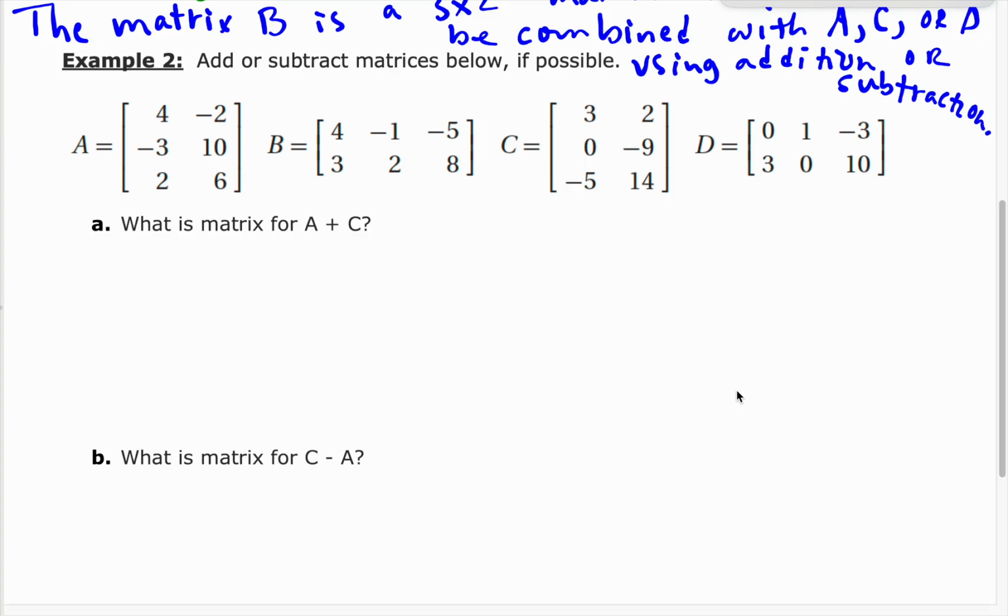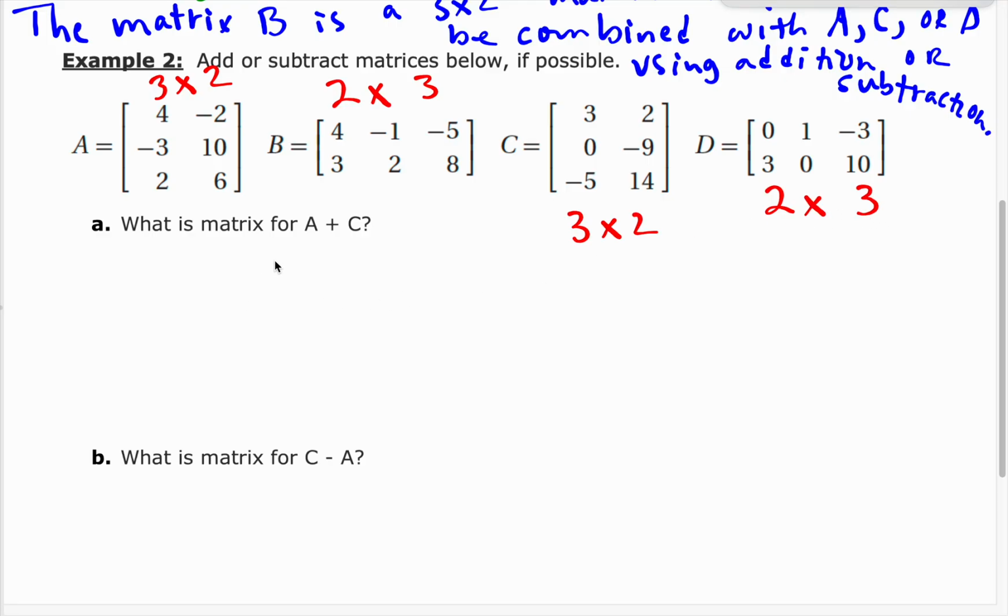It's asking us to add or subtract matrices below if possible. So the first thing I like to do is I can see that A is a 3 by 2, 3 rows, 2 columns. B is a 2 by 3. C is a 3 by 2, and D is a 2 by 3.